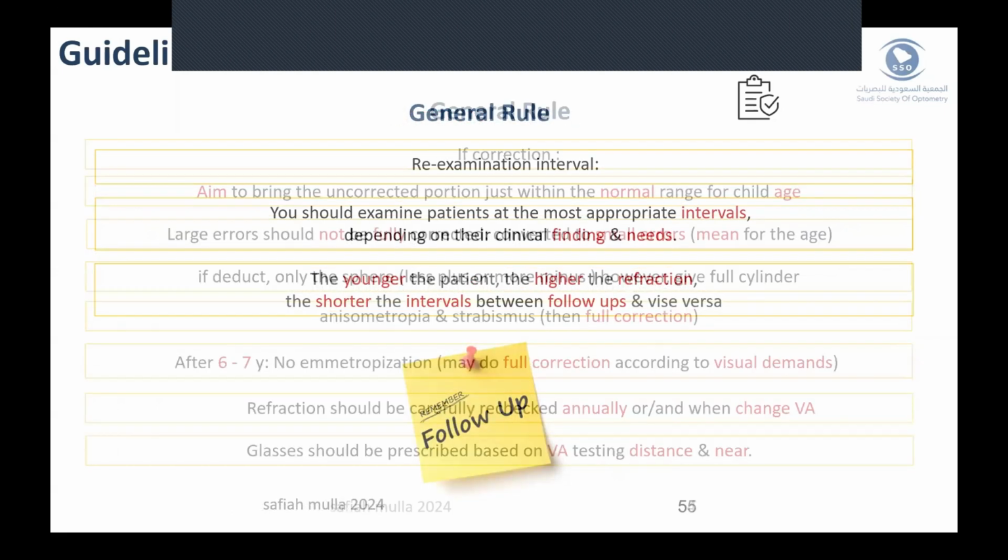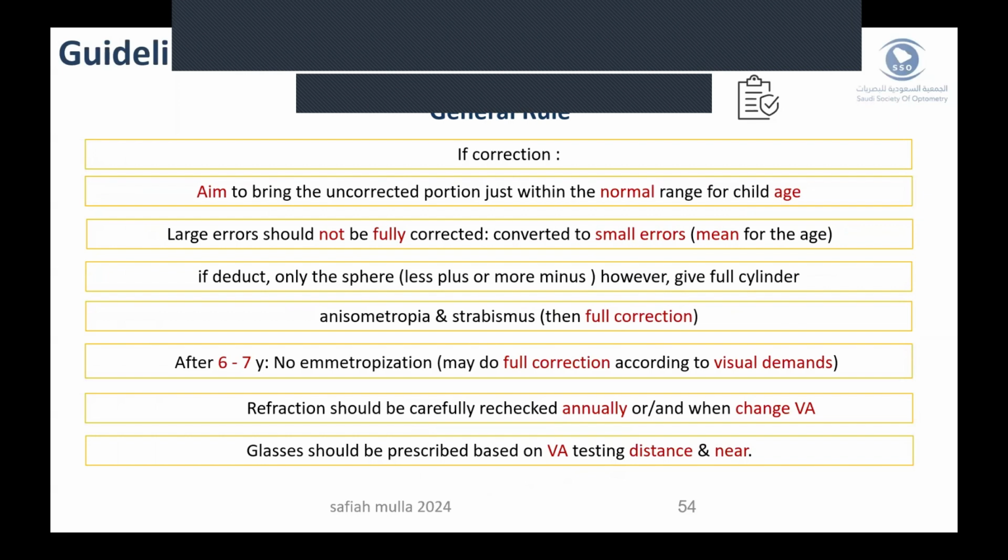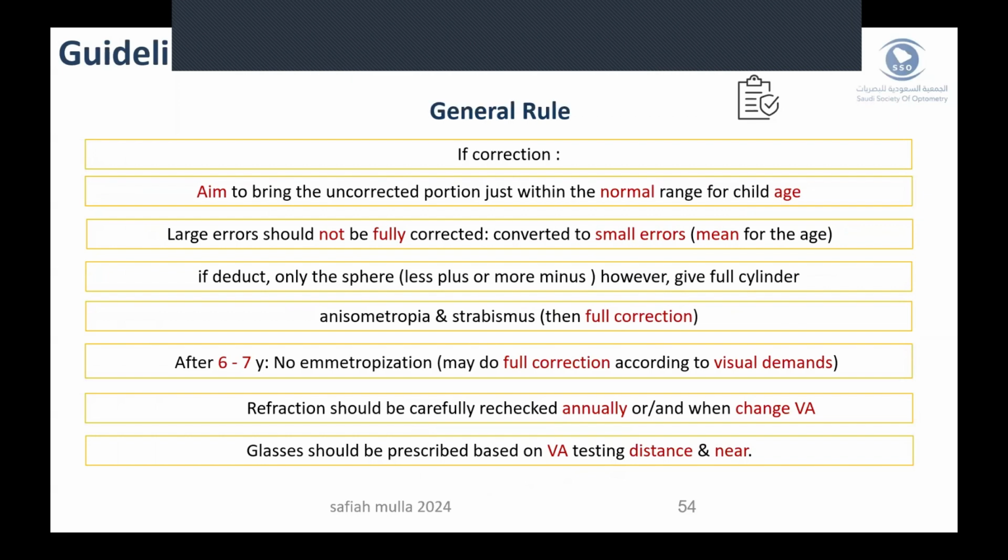If you decide to give the child the correction, then you aim to bring the uncorrected portion of that refraction just within the normal range for the child's age, because we don't want to correct completely and make the emmetropization process stop.